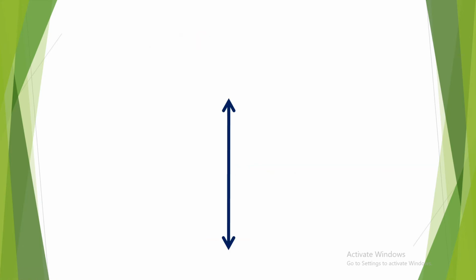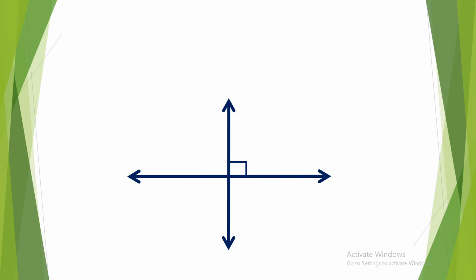Next, we have here a vertical line intersected by a horizontal line forming right angles. If you can see a square or a rectangle formed on the vertex of an angle, then that implies that the given angle is a right angle.